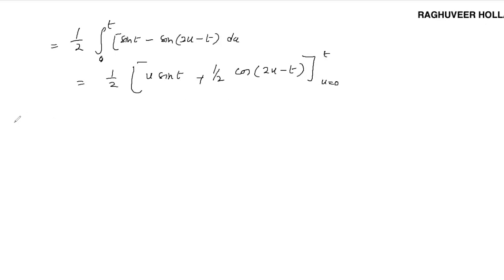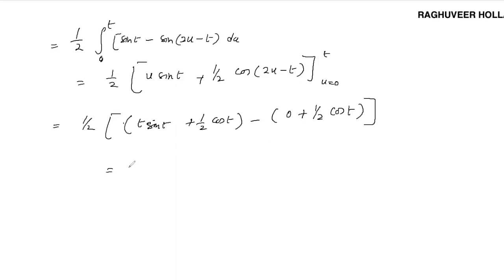Therefore, this would be half, substituting, t sin t plus half cos t minus 0 plus half cos t, which is equal to half t sin t, or t sin t divided by 2.